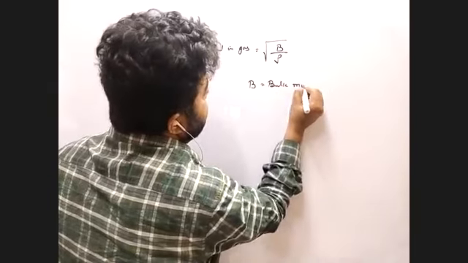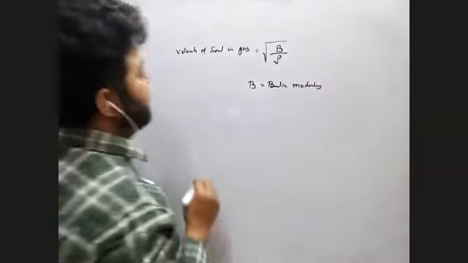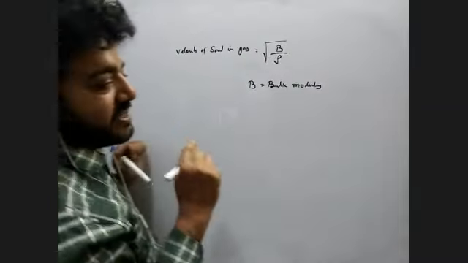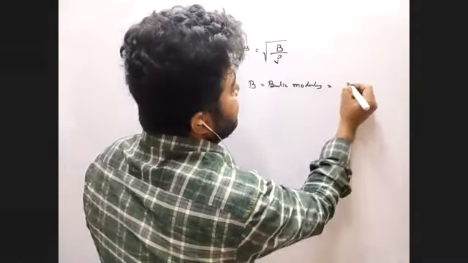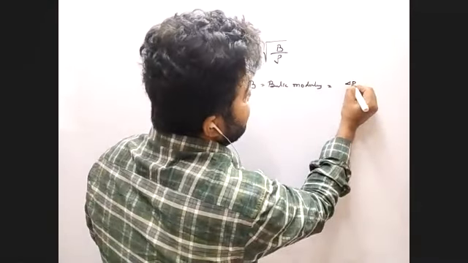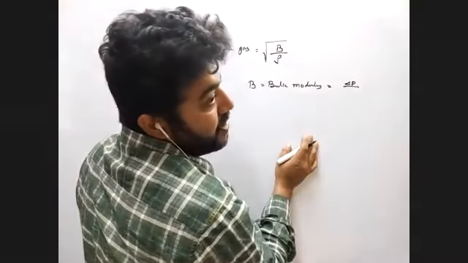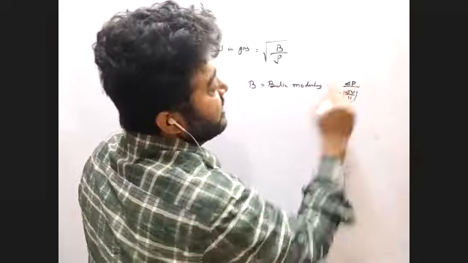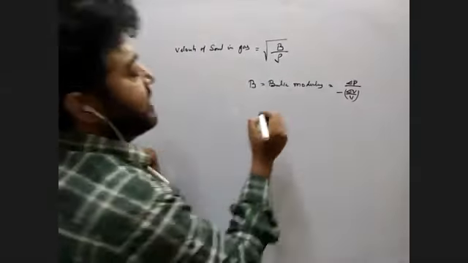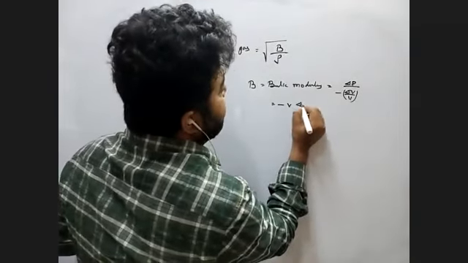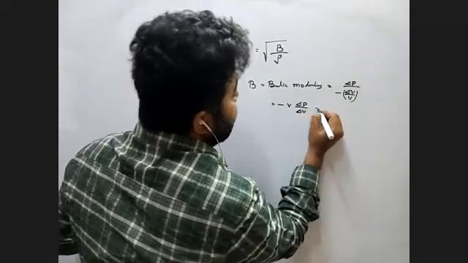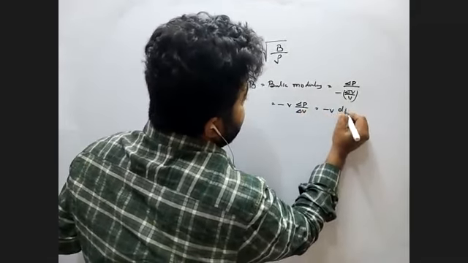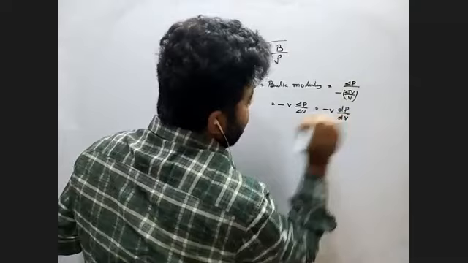What do you mean by bulk modulus? Stress by strain. Stress is change in pressure, and strain is change in volume by volume. As we know, pressure and volume are inverse of each other, so we can write minus V dP by dV. Can we write this?